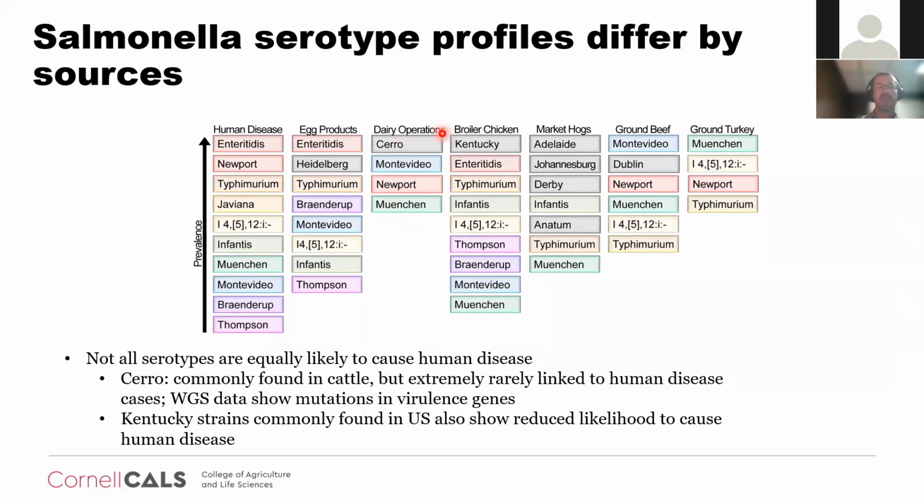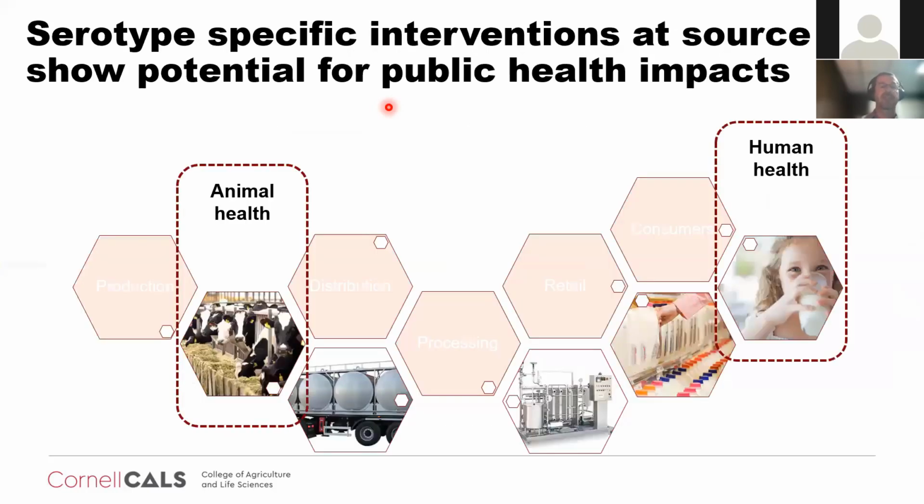So for both dairy and broiler, the top Serovars are essentially distractions for public health impact. That brings us to the idea that serotype-specific interventions at source show potential to improve public health impacts. Why do we need to be serotype-specific?